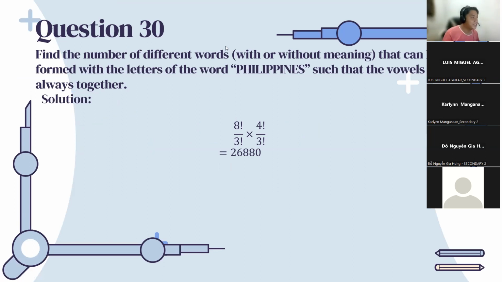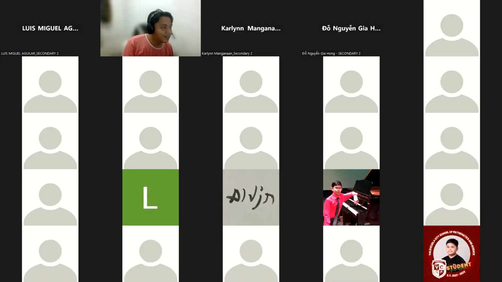And 26. Okay, so how do I go back to 26? Wait a minute. Number 26, okay, here. Let me give a chance to number 26.